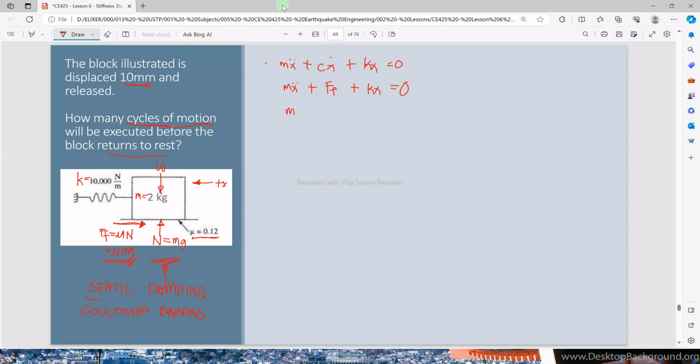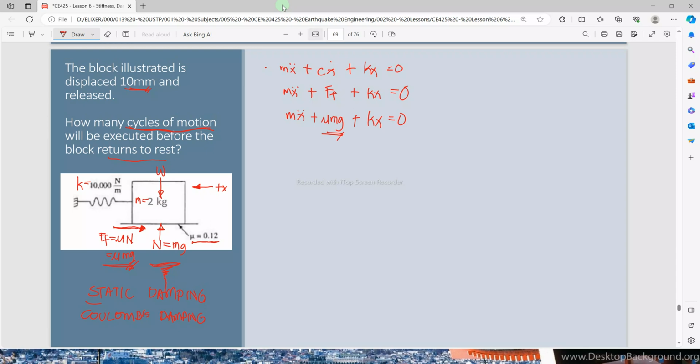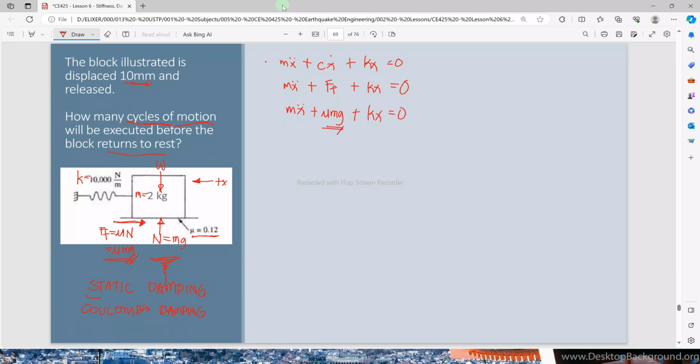So we'll have the mass times the response acceleration plus mu mg plus kx equal to 0. As you can see, this is static, not dynamic. Whether the velocity changes or not, the frictional force is constant. So we call this Coulomb damping, or static damping.